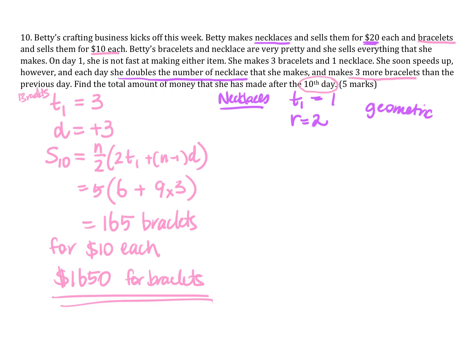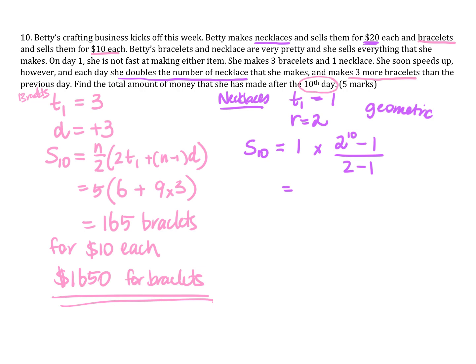So let's think about the necklaces now. We're after the sum of the first 10 terms in this sequence here. Now, this is geometric. So how do we do that? We are going to do term 1, lots of r to the power of n minus 1 over r minus 1, where n is 10.